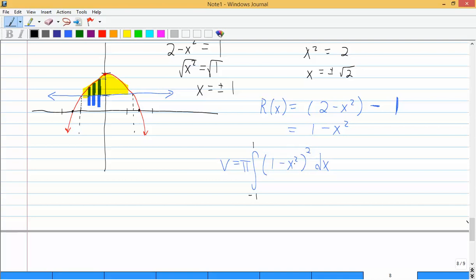That doesn't work. You have to FOIL that out. You have to say 1 minus x squared times 1 minus x squared. Okay? So that's going to be 1 minus 2x squared plus x to the 4th after you FOIL that out. All right, first, outer, inner, last. Combine the like terms.